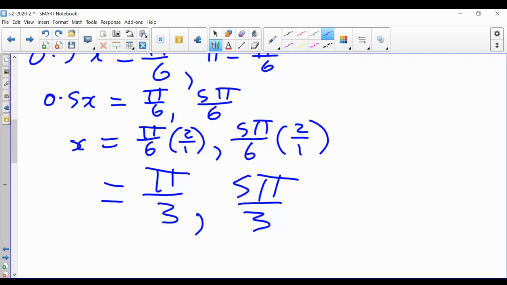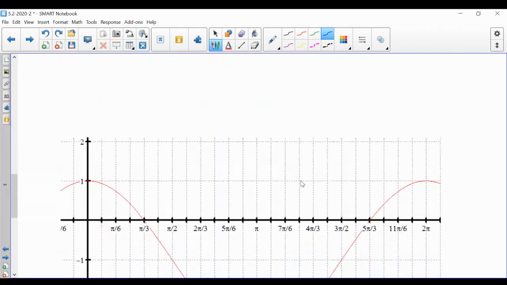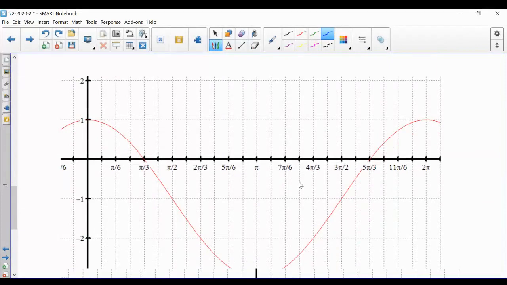Okay, good. Sherbon, Brendan, and Davina. I have a graph to bear me out on that. Here's my graph, right? Again, I only care about answers from here to here, from 0 to 2 pi. And you can clearly see from the graph that the only two answers that we're getting are the two answers that we just got. The pi over 3 and the 5 pi over 3.